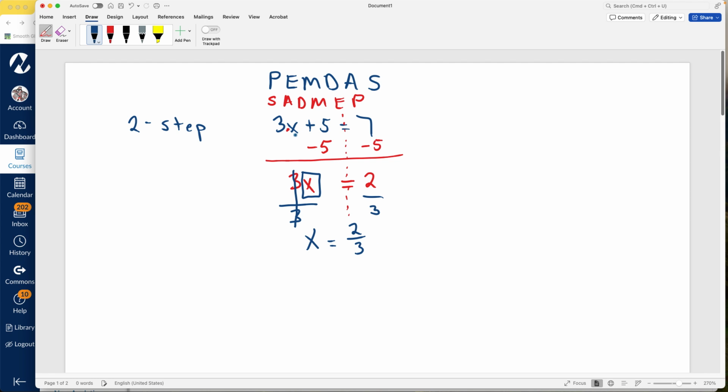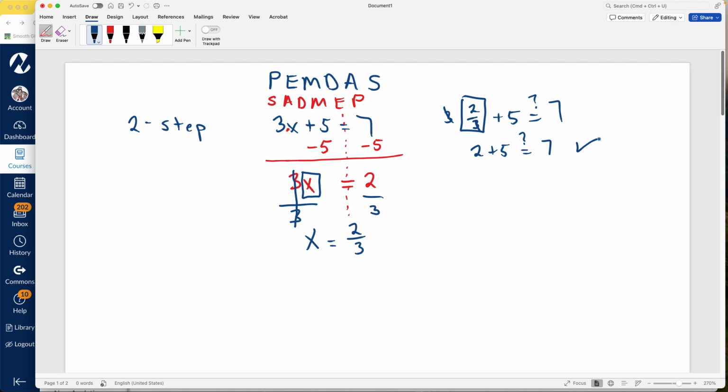Again, we could plug it back in. 3 times 2/3 plus 5. Does that equal 7? Well, the 3 divided by 3 cancels, so then you get 2 plus 5. Does that equal 7? Yes, it does. I can see 2 plus 5 is 7. So it kind of gives a check, right?